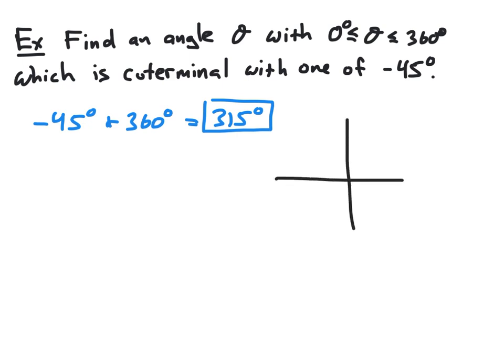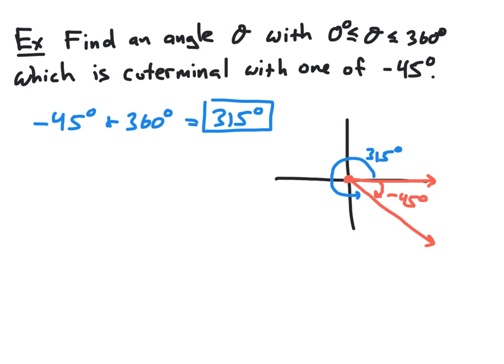So it is quite easy to see that these angles are coterminal. We have this angle here, and if we rotate in the negative direction 45 degrees, we'll obtain this. The terminal side here will be the line y equals negative x, and a 315 degree angle will arrive at the same location, just from rotating in the opposite direction.